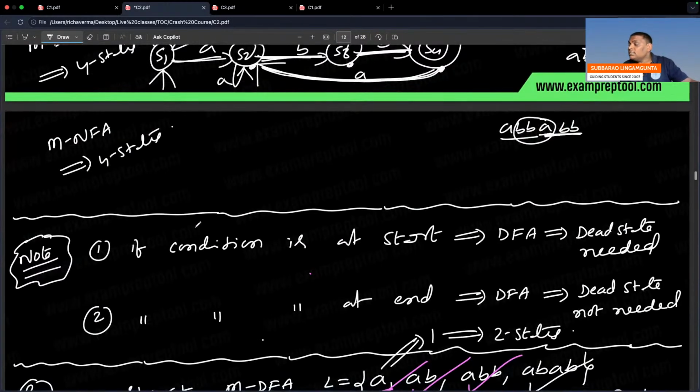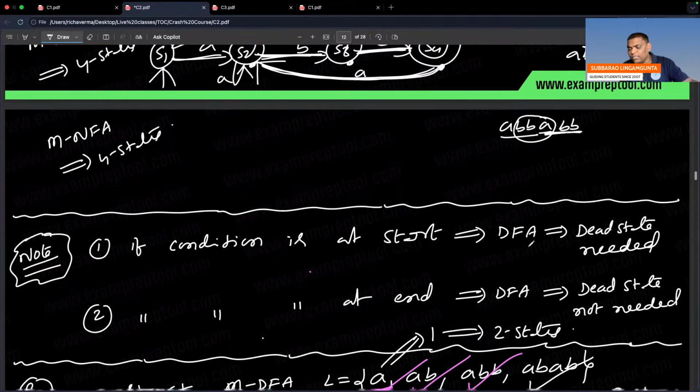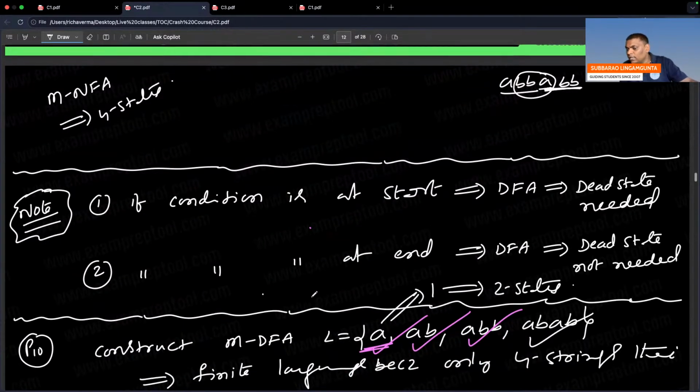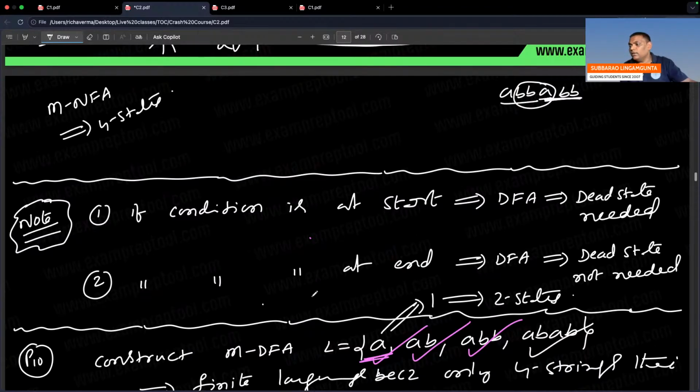If the condition is at the starting, I cannot do anything; dead state is compulsory. If the condition is at the ending, say ending with ABB, and it is not, I will wait in the non-final. After some time, ABB will come again and I will go to final.